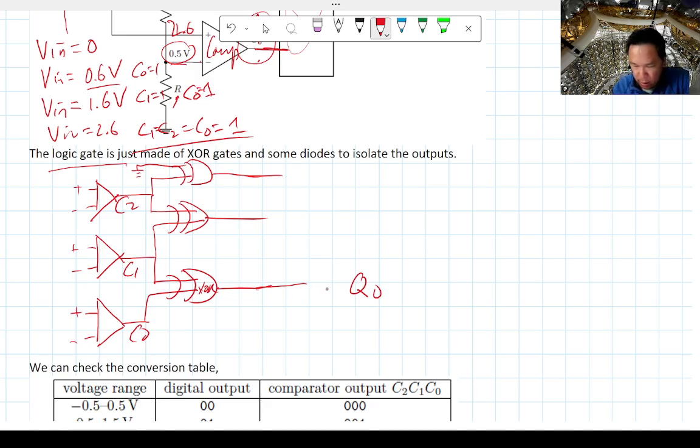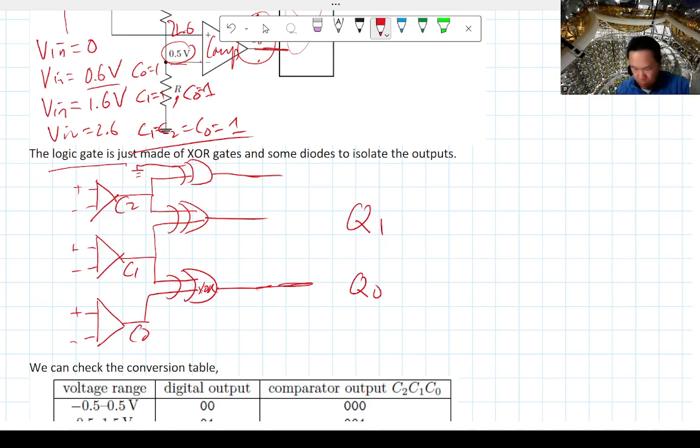This is going to go to Q0, and this is going to go to Q1, but there's a special way you have to route this, because if the output of C3, the 3rd comparator, is high, you actually want both of them to be 1. So we're going to see how we can do that.